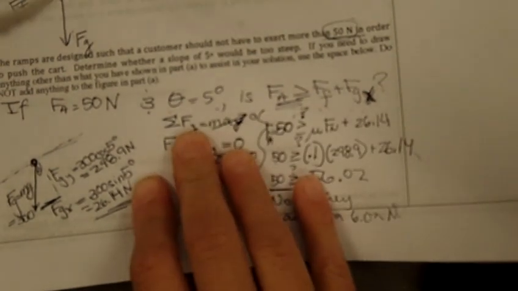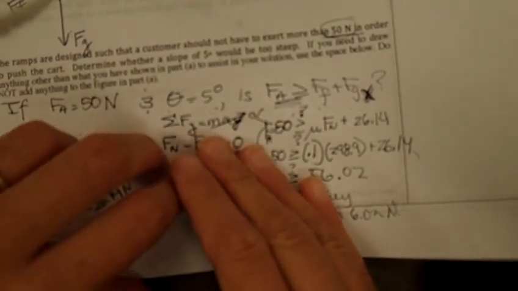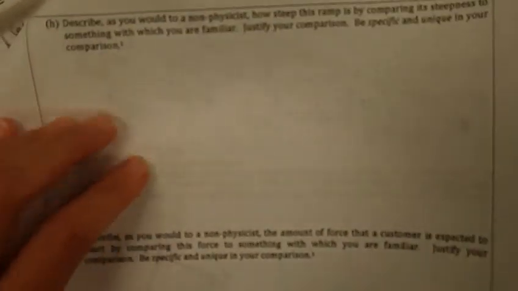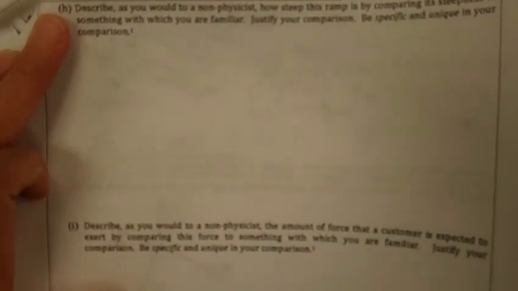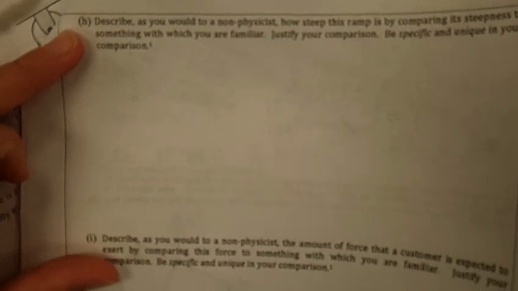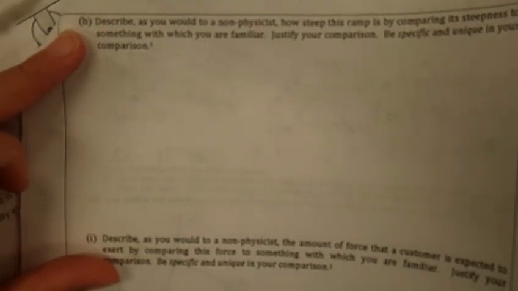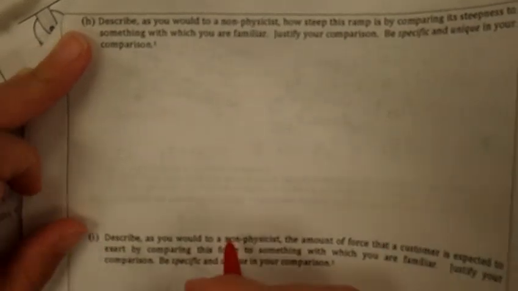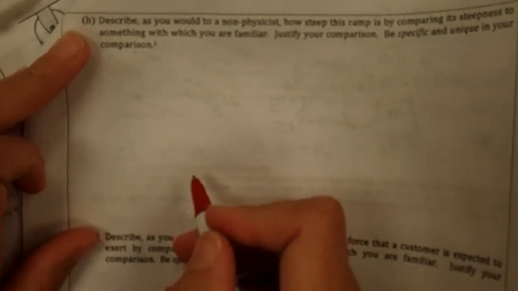Okay. On page 28, it asks, describe as you would to a non-physicist how steep the ramp is by comparing its steepness to something which you are familiar. Okay, so let's think about 5 degrees.